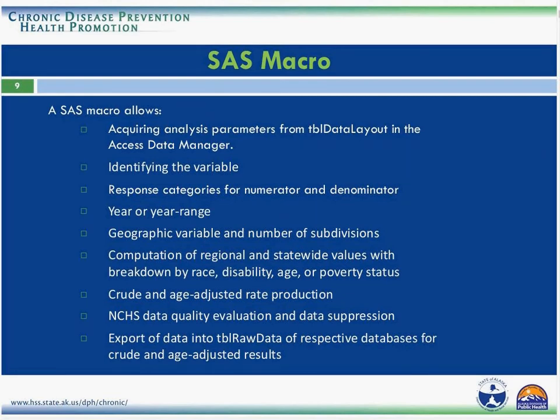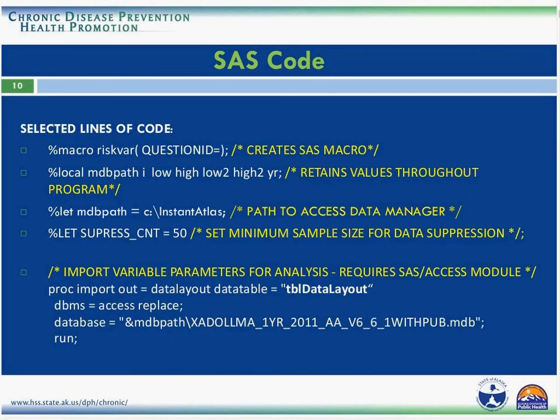And then we're creating both crude and age-adjusted rates. And we're also using the National Center for Health Statistics data quality evaluation, and then also specifying data suppression rules. Within the BRFSS, we typically suppress data when it's based upon fewer than 50 respondents. And last, we can export the data into our table data raw of respective databases for crude and age-adjusted rates.